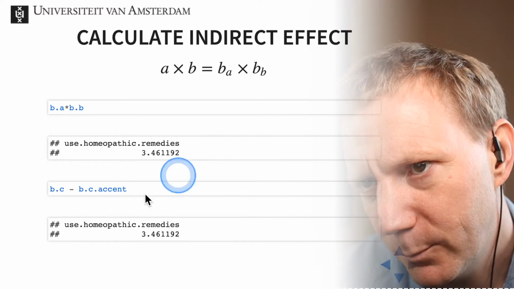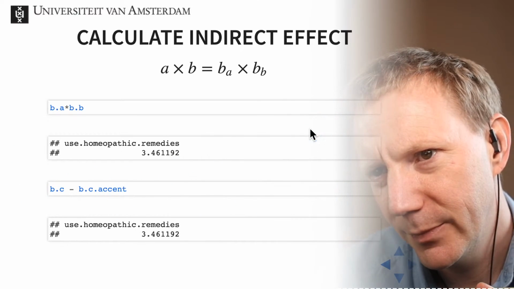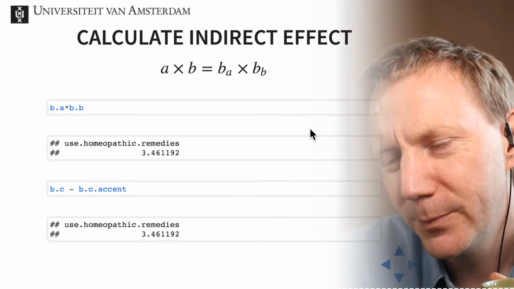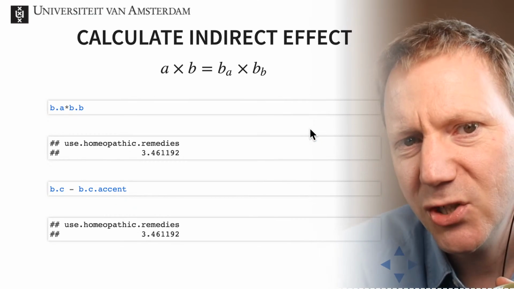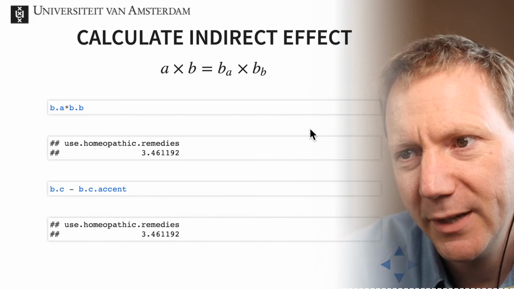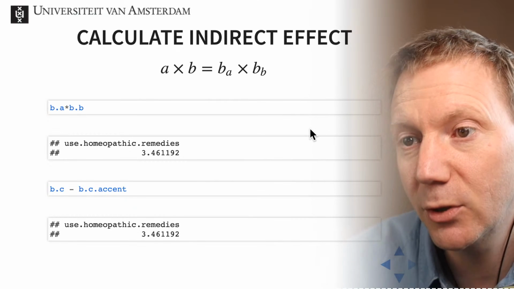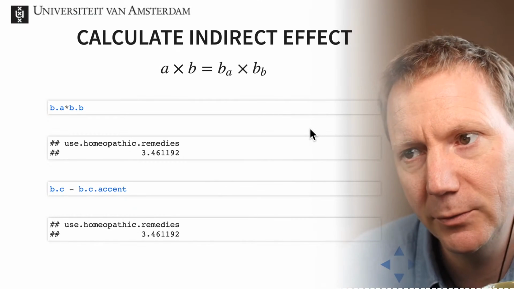But if you look at what I've plotted here below, that is the same as when you look at the initial relation that you have between the predictor and the outcome, and you subtract your corrected relation of those two.